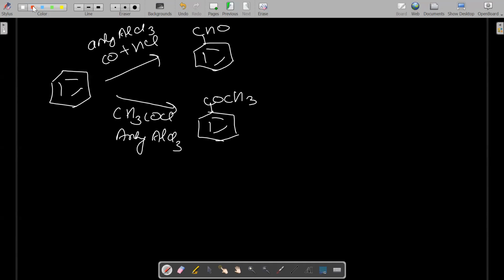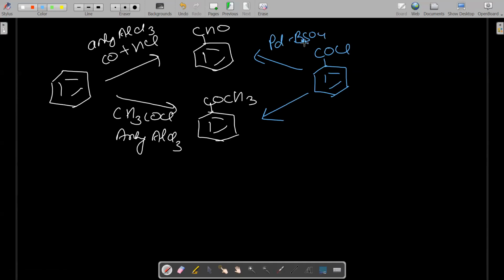Now, if I ask from benzoyl chloride to benzaldehyde or benzoyl chloride to acetophenone, the same thing: you write palladium BaSO4, that is Rosenmund reduction, and here we write Grignard reagent, that is CH3MgBr, followed by hydrolysis.